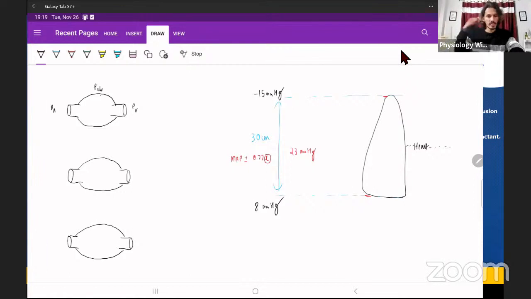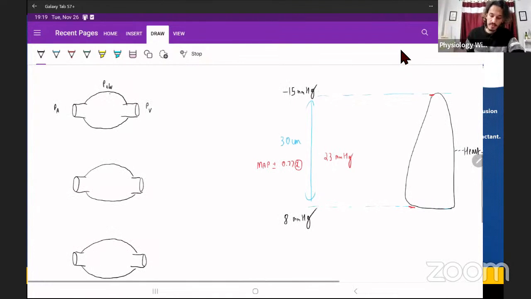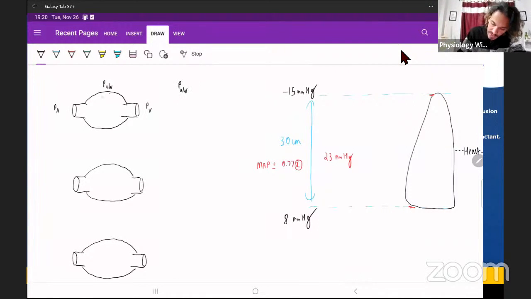So imagine an instance where your pulmonary artery pressure is less than your alveolar pressure. So the alveolar pressure, which is exerting from outside, is higher than even your arterial pressure, which will definitely be higher than your capillary pressure.